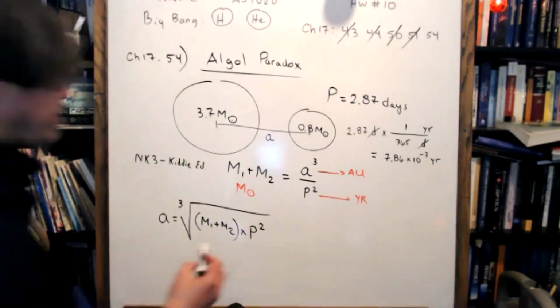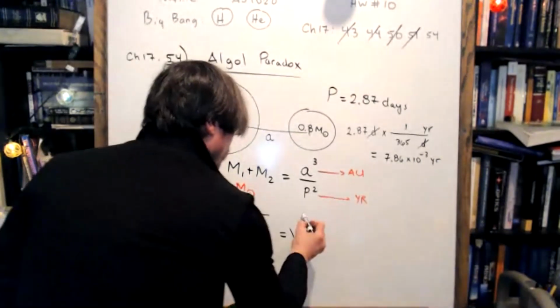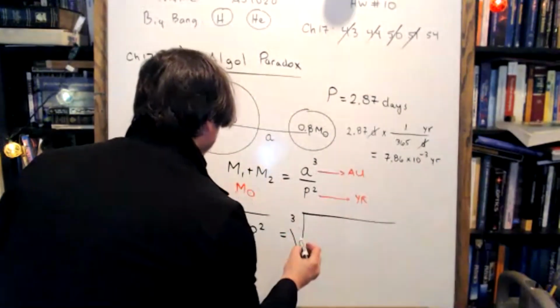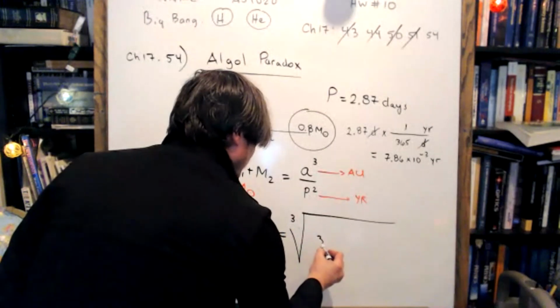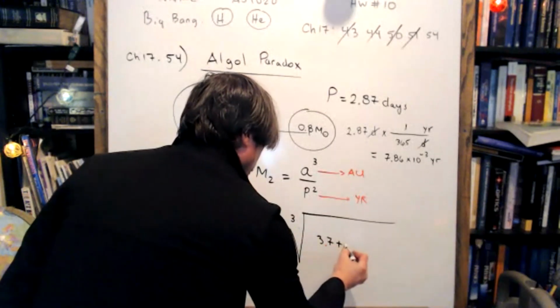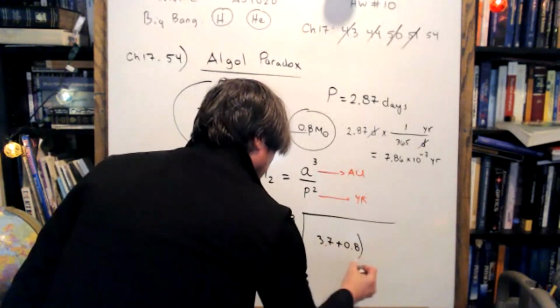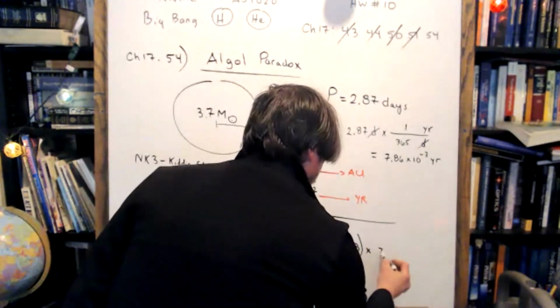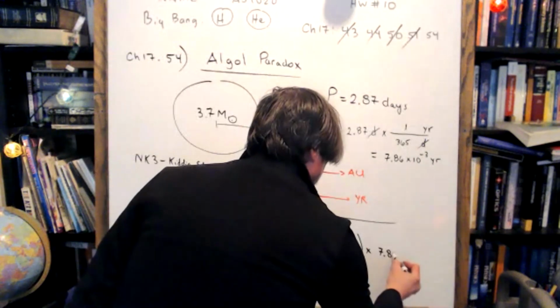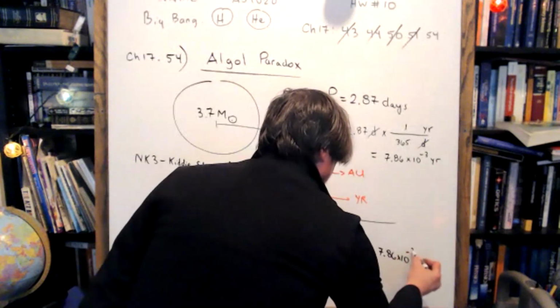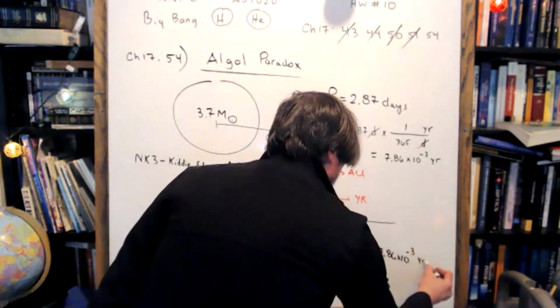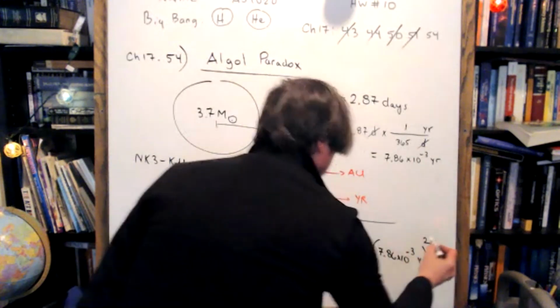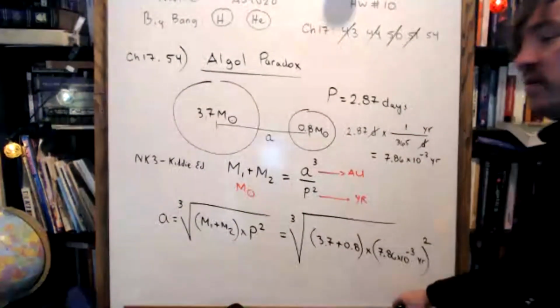So that's something we can handle because we will have the cube root of 3.7 plus 0.8 in parentheses times 7.86 times 10 to the minus 3 years squared. Why don't you see if you can all punch that up?